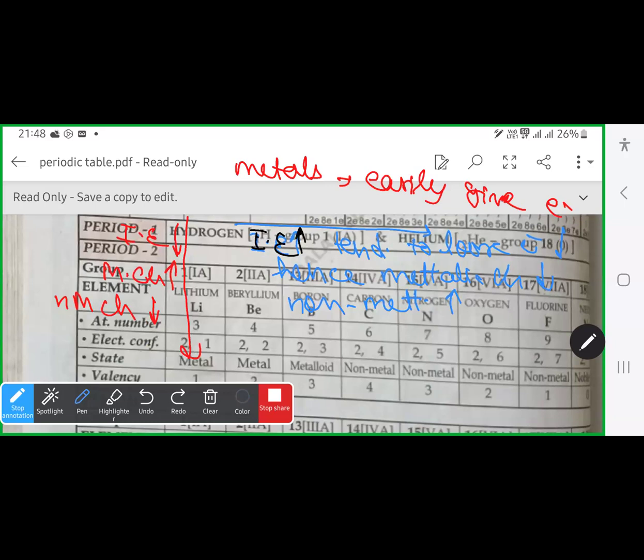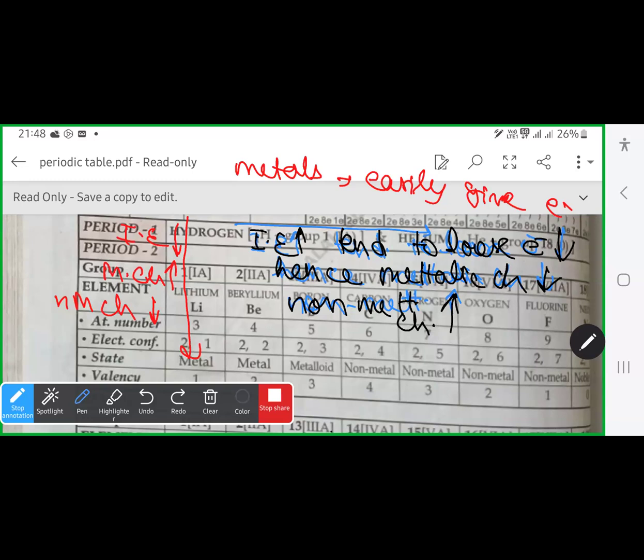Clear? Increases. Tendency to lose electron decreases. Hence, metallic character decreases or non-metallic character increases. Any problem, mera bachcha? No, sir.